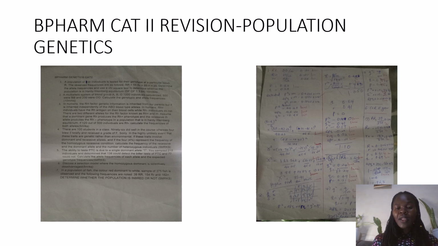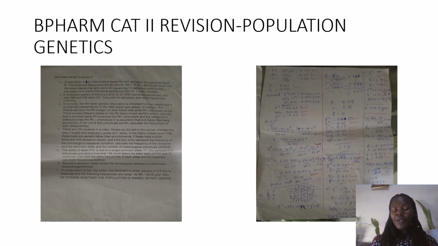You can go ahead and do 1 minus 0.65, then you get 0.35, or you can do q, which represents the recessive allele, separately, by doing 0.25 plus half of the heterozygous, because the traces of the recessive allele are in the heterozygous. So 0.25 plus 0.10, you will get 0.35. So you'll get the allele frequencies of 0.65 for p and 0.35 for q.